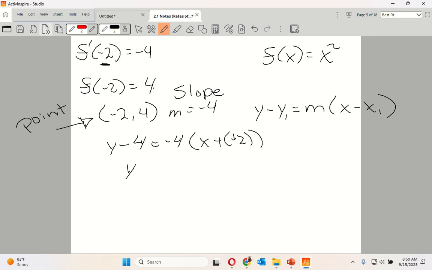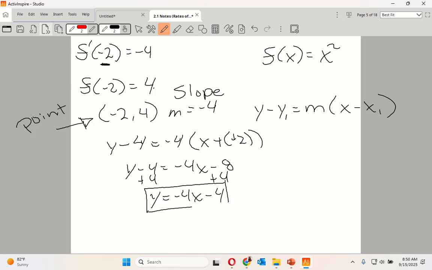So y minus 4 equals -4x minus 8, plus 4, y equals -4x minus 4. And that is the equation of the tangent line.